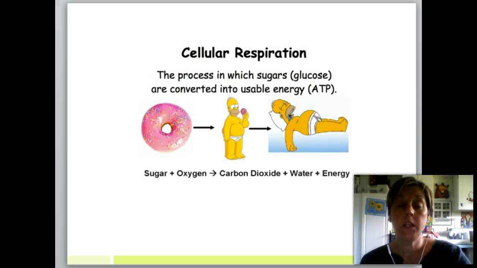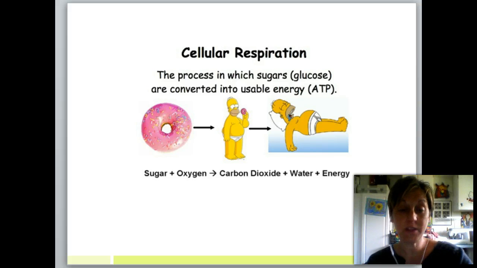So animal cells need energy, right? Because animals can't produce their own food. So what will happen is that food is taken in to the organism, and there's a chemical process that takes place in the mitochondria.